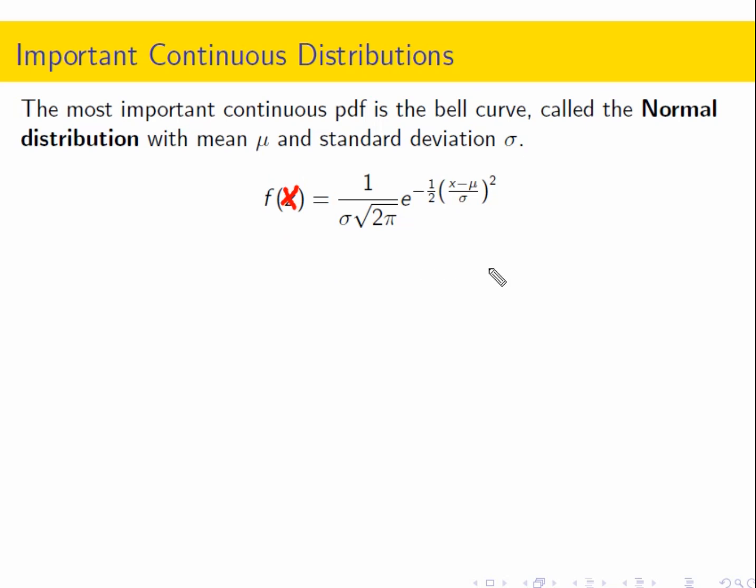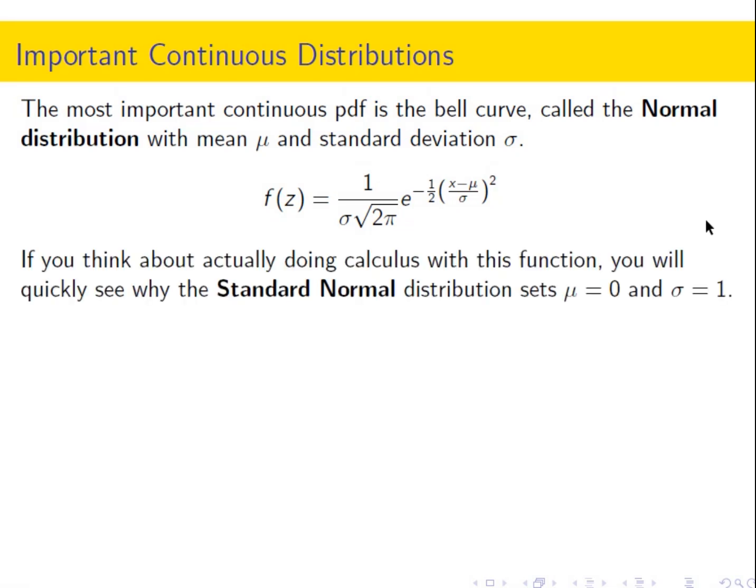So this is the normal distribution. And if a normal distribution has an average of mu and a standard deviation of sigma, then its PDF is this one. Okay. I'm not going to go too deep into that. We'll talk about this a little bit more in statistics.